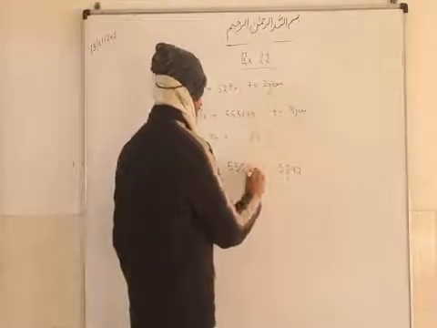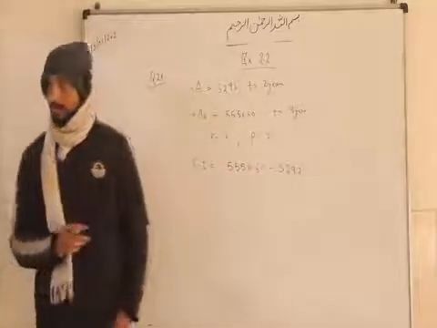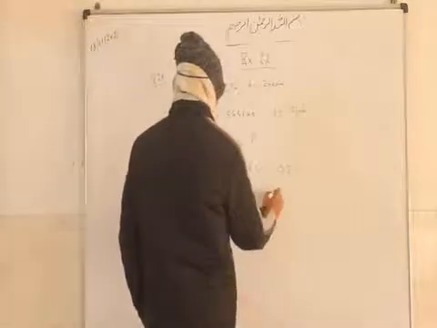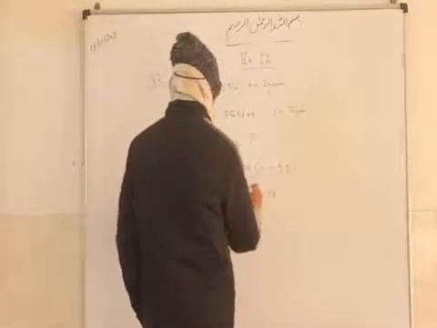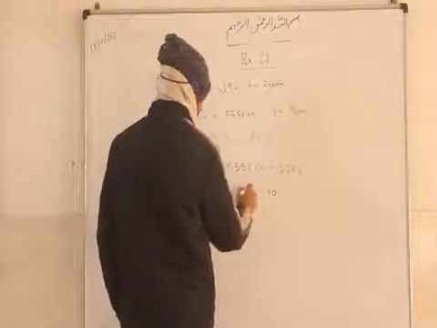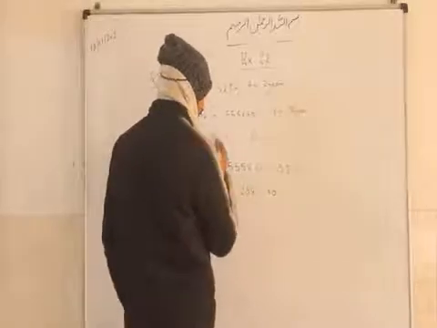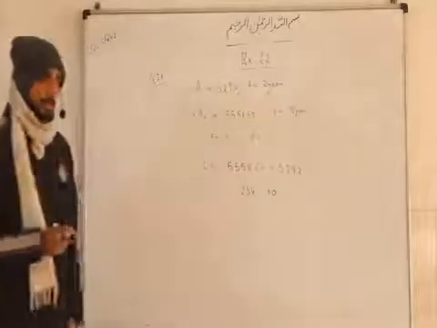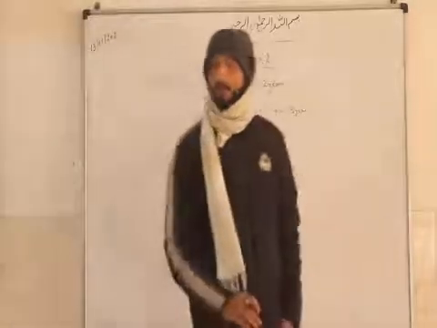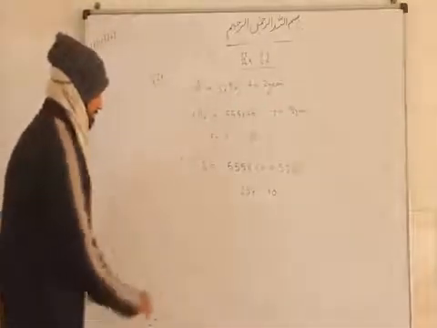The difference between these two amounts will give us the compound interest. So we can subtract this. 66 minus 2 is 4, 50 minus 9 is 5, and 4 minus 2 is 2. So 264.60, right? So this is the compound interest for the year. With the help of the formula, we will find this.